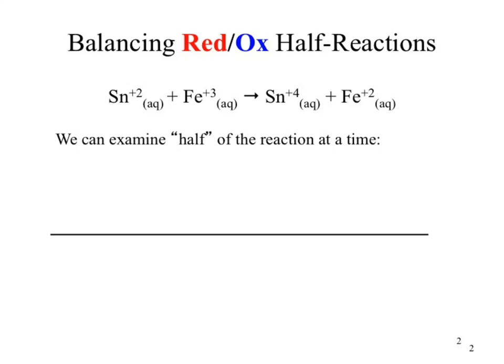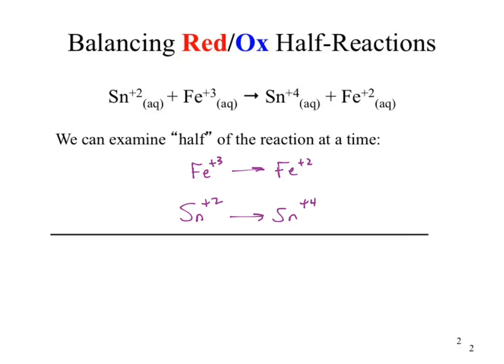So we would write out, I know you said tin first, but for some reason I started writing that. Iron plus 3 to our iron plus 2, and our tin plus 2 to our tin plus 4. All we've done is simplified. We took a long equation, and instead of turning it into this big long thing with a whole bunch of numbers, we've now turned it into two separate equations that only have two things in them.